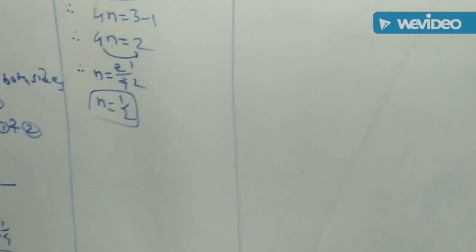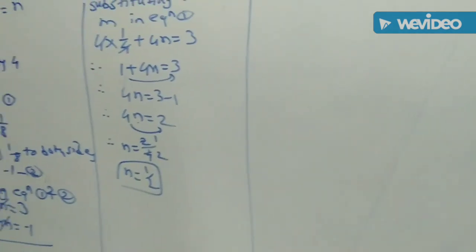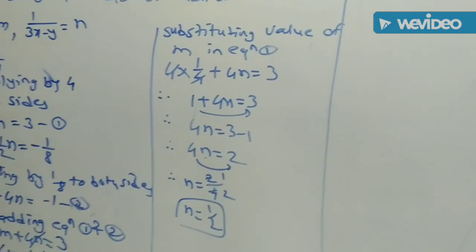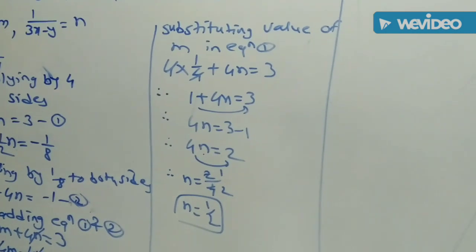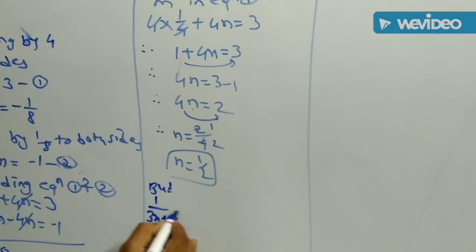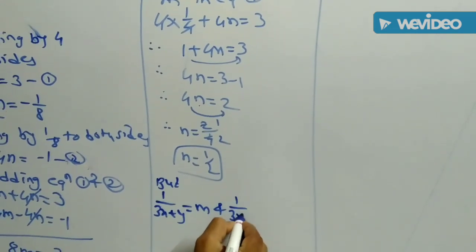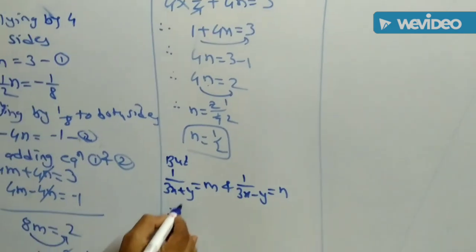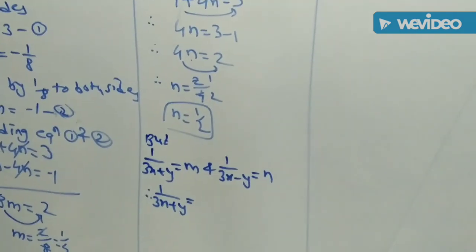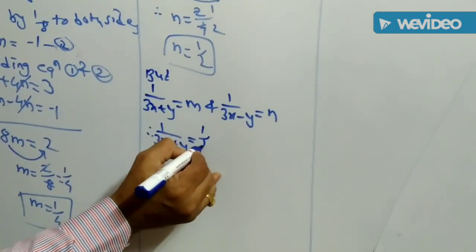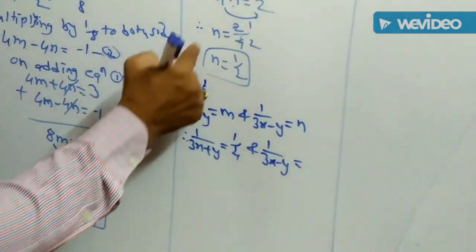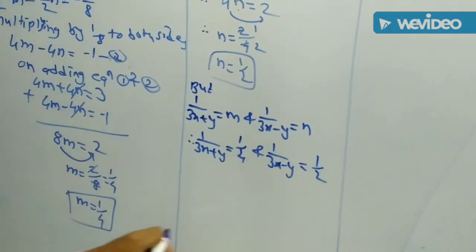Now putting the values of m and n instead of 1 upon 3x plus y and 1 upon 3x minus y: 1 upon 3x plus y is equal to m, and 1 upon 3x minus y is equal to n. We find the value of m as 1 upon 4, and n is 1 half.